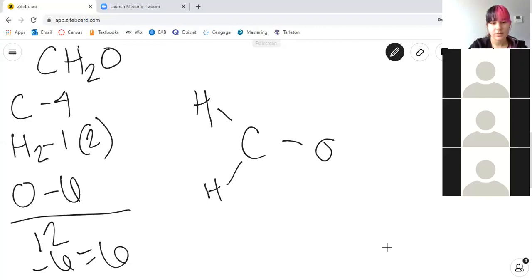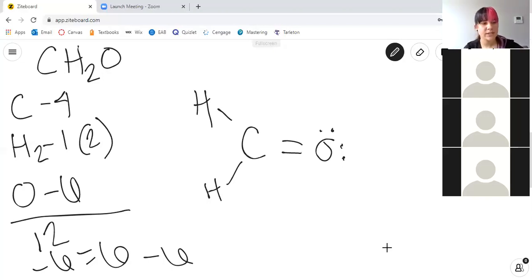They're going to go on the oxygen because hydrogen can only have 2. But carbon always has to have that octet, so we have to make a double bond. How many regions of electron density does carbon have? 3.